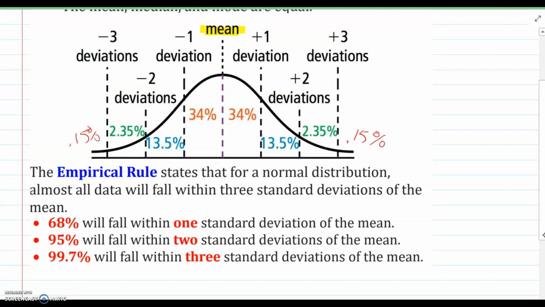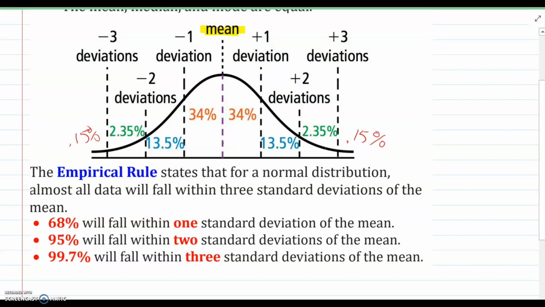What we can do is use this to try and find values. For example, I know that going from one standard deviation to the left of the mean to one standard deviation to the right of the mean, that's going to get me a grand total of 68%.